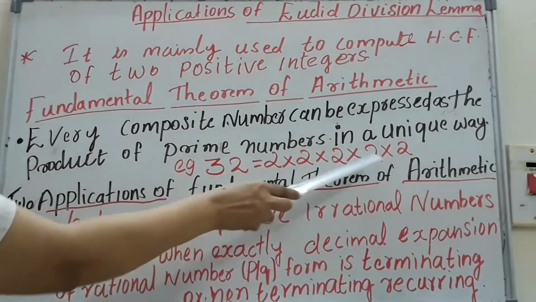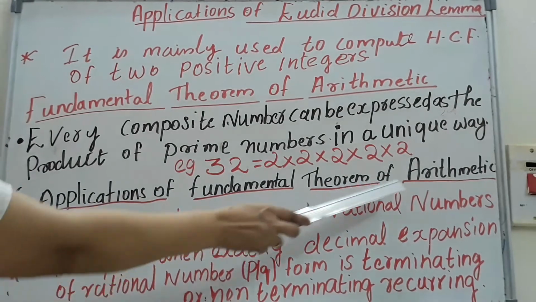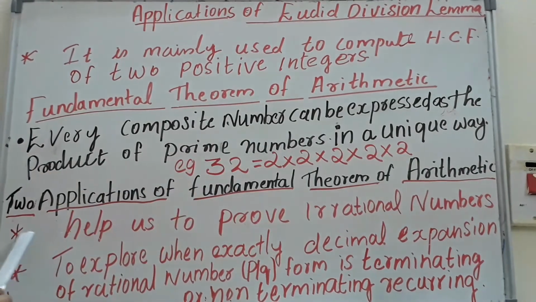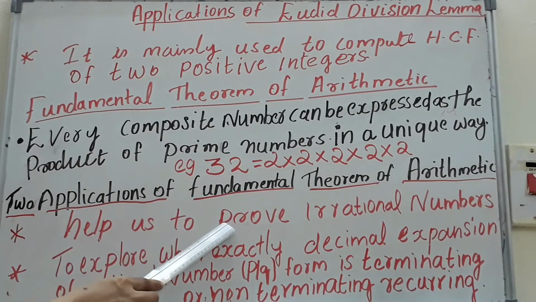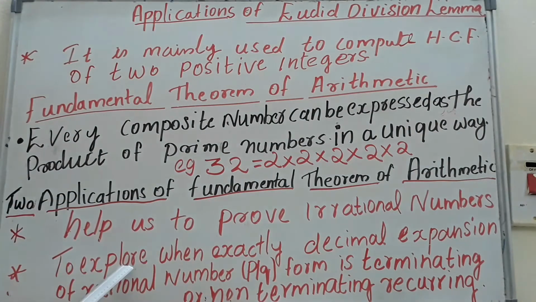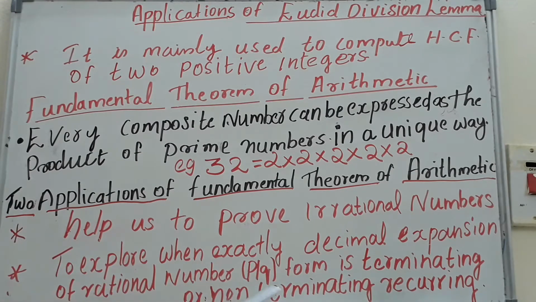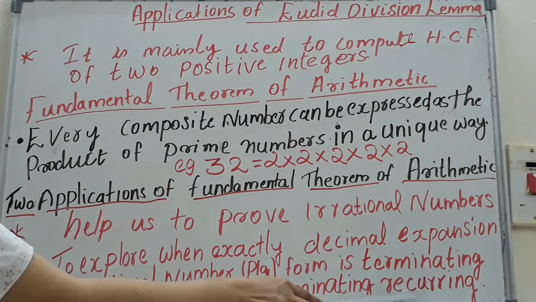This is called prime factorization. Two applications of the fundamental theorem of arithmetic are: it helps us to prove irrational numbers, and to explore when exactly the decimal expansion of a rational number in p by q form is terminating or non-terminating recurring.